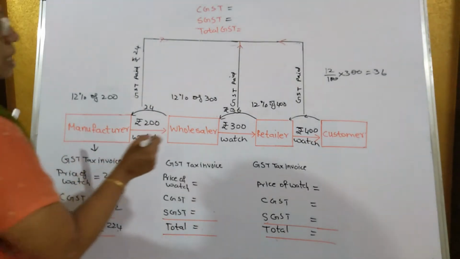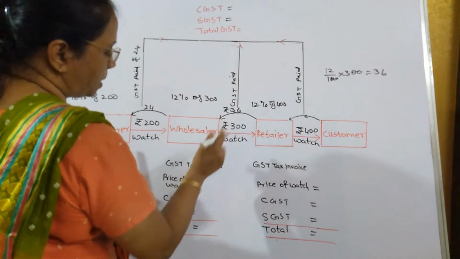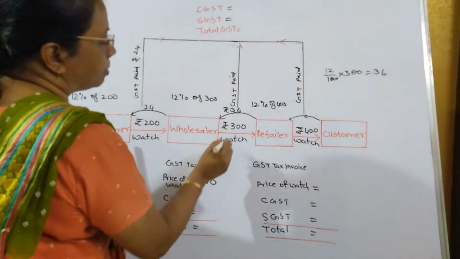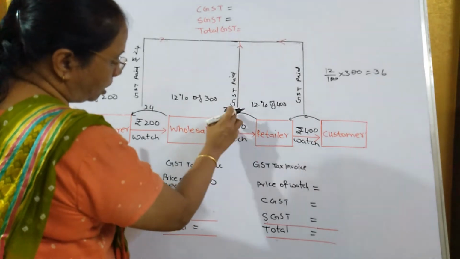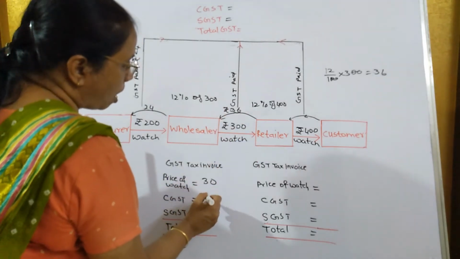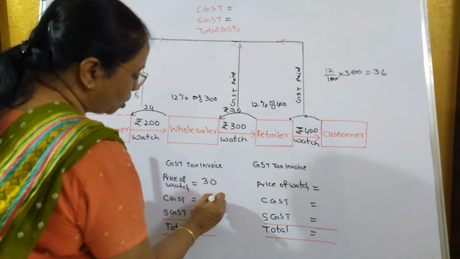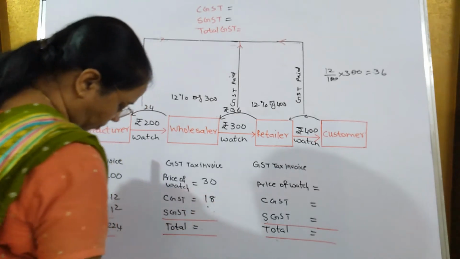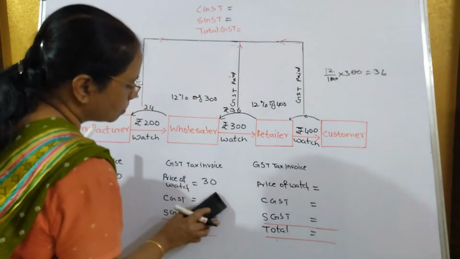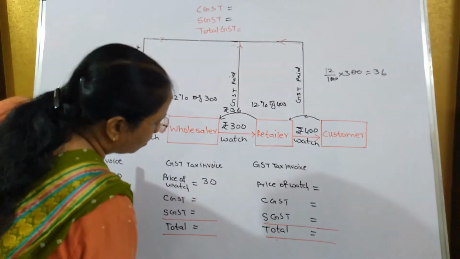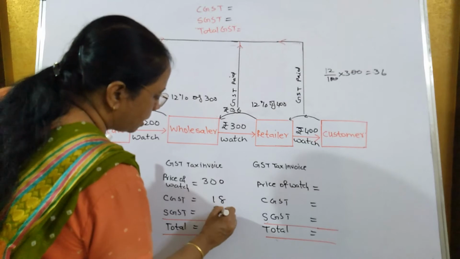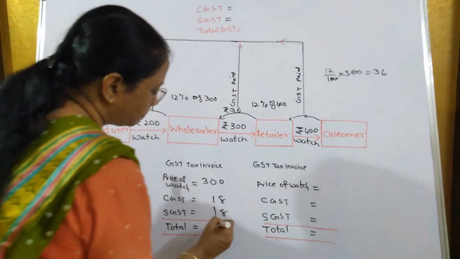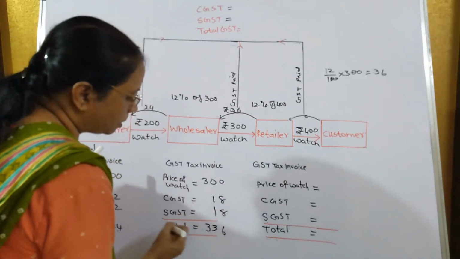Now the wholesaler sold the watch at rupees how much? 300. The GST which he got from the retailer is how much? From the retailer he got rupees 36. So half of 36 is how much? 18 over here. He sold the watch for 300, so 300 plus 18 plus 18, 336.